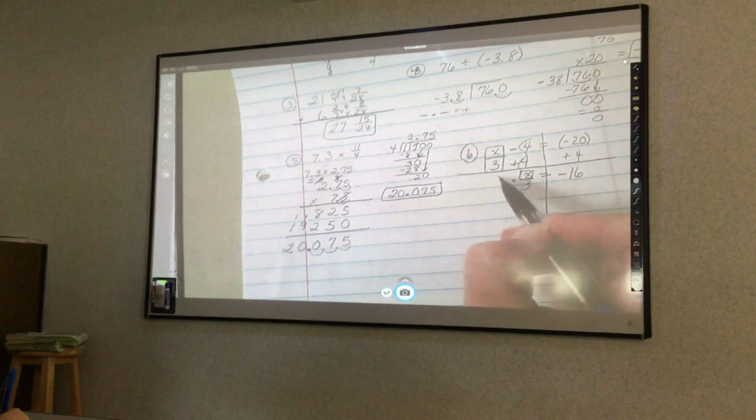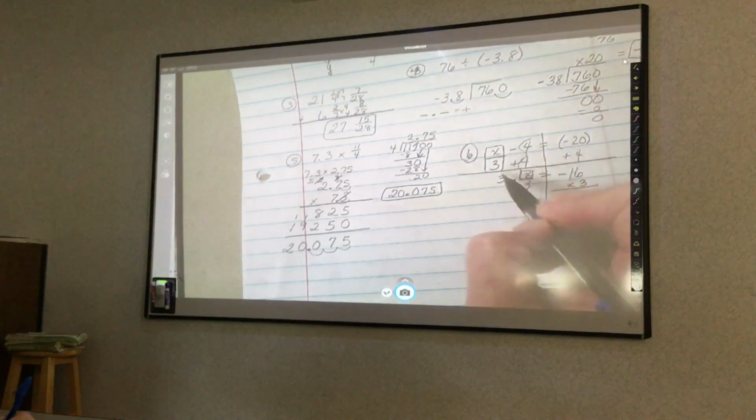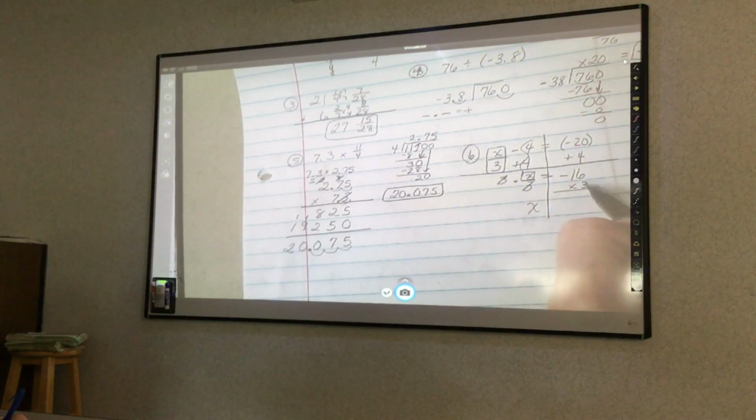So now I'm going to multiply by 3, multiply by 3. Those 3's cancel each other out, so I'm left with x. 3 times 6 is 18. 3 times 1 is 3, plus 1 makes 4. And we have 1 negative and 1 positive, so it's going to stay negative.